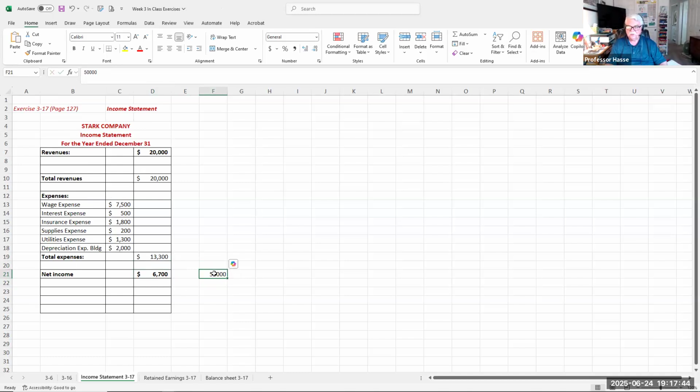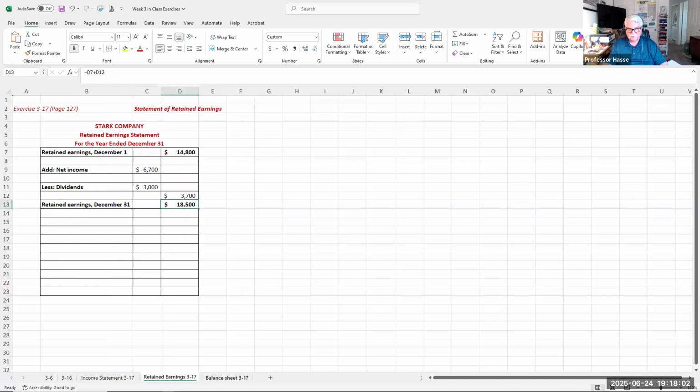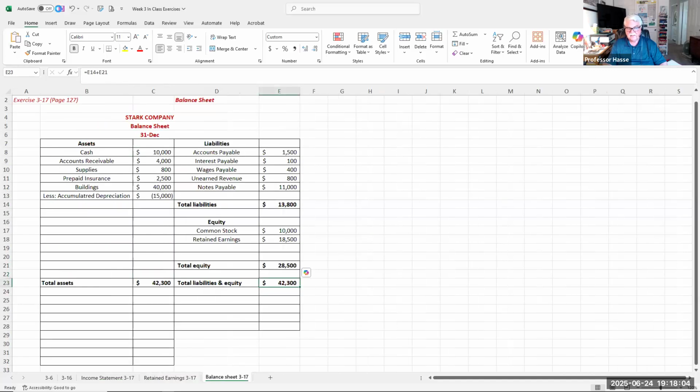If he exceeds or goes less than his budget, he's a hero or he's in trouble. That's why we have budgets to compare to these financial results. But that's what we'll talk about when we get to the managerial side. At this point in financial accounting, we're just accounting for the events of the business for the period ended December 31st.